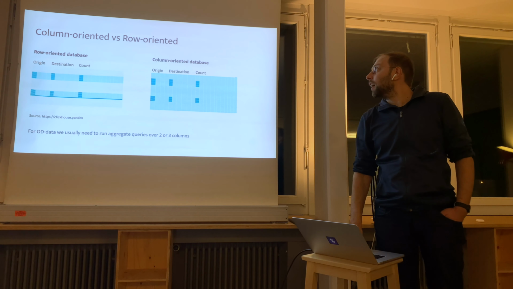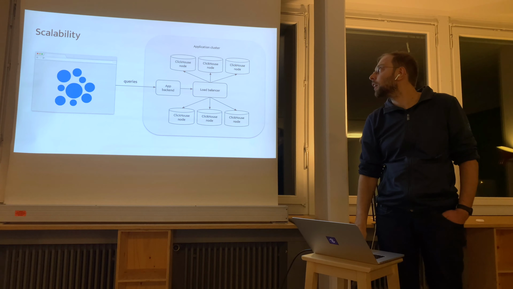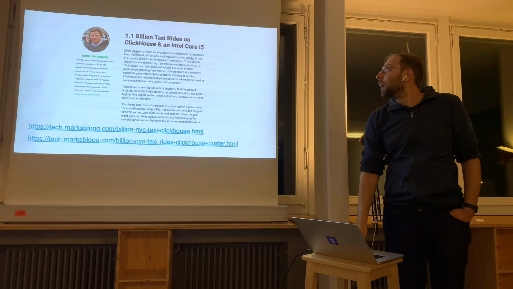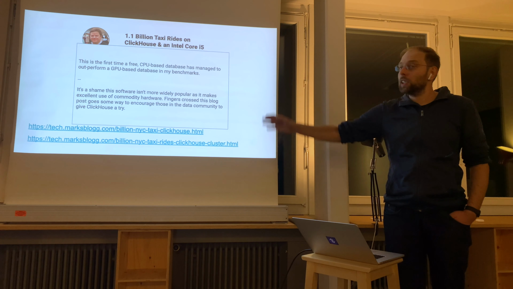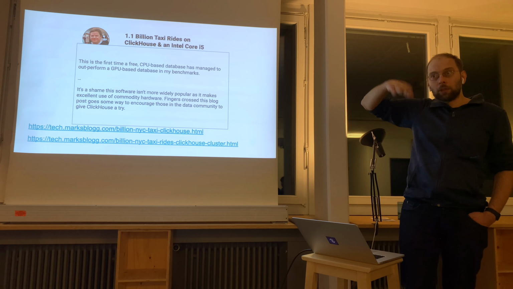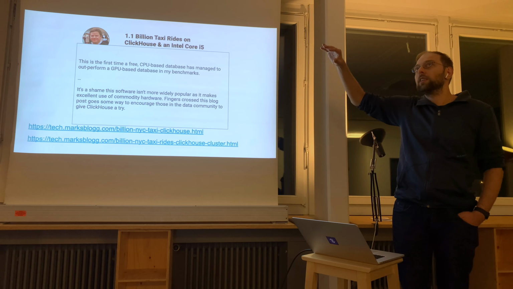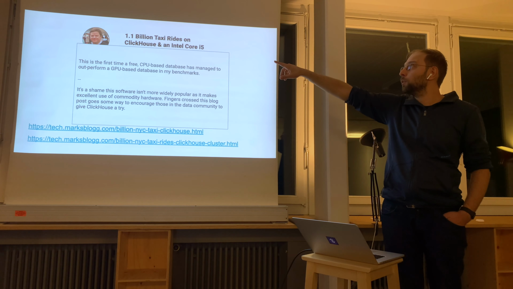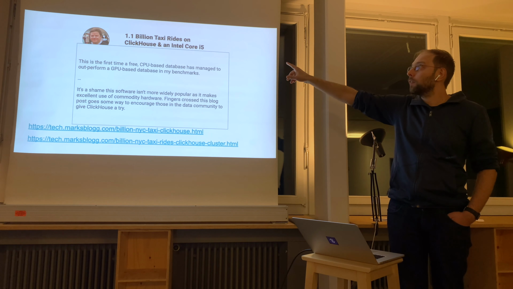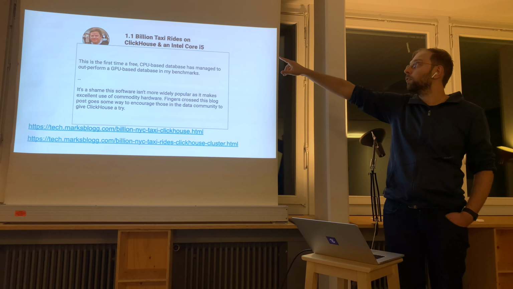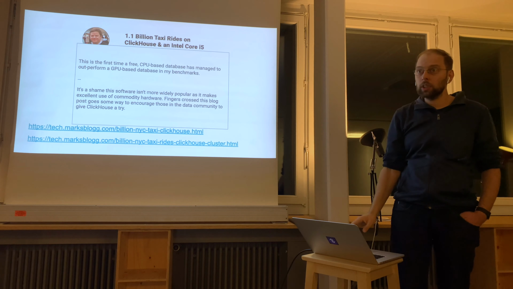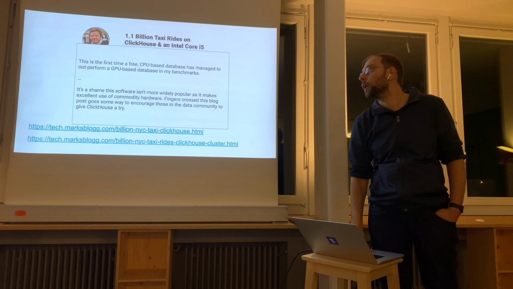And it scales, like we can add more machines to our database cluster, and it will respond to queries faster. There is this guy who did a comparison of a number of databases trying to respond to queries for 1 billion taxi rides in New York, and ClickHouse performed quite well.